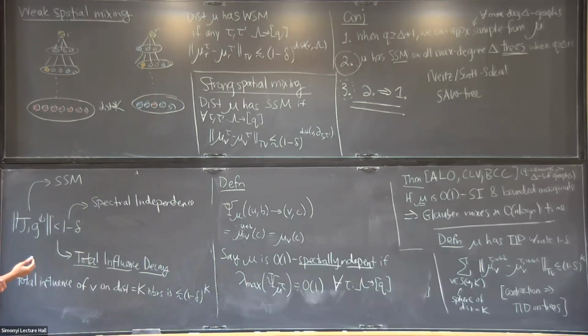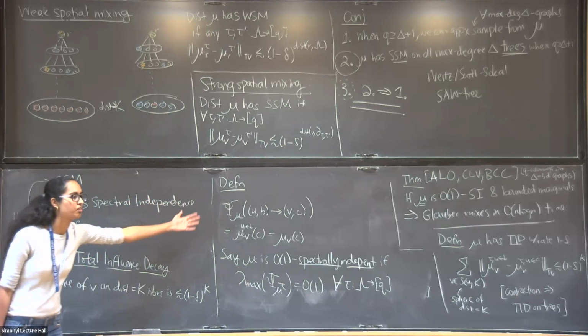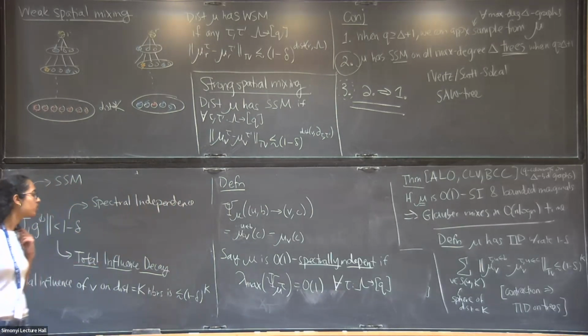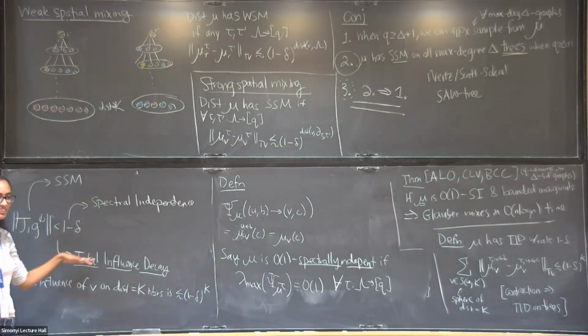I think basically for this Q colorings model, once you have this kind of contraction proving total influence decay, you can pass through something like spectral independence on graphs, but I don't actually know what else you could conclude directly, black box. It is nominally able to prove things that it's not clear how to prove with just these two. But yeah, I don't know. That's a good question.